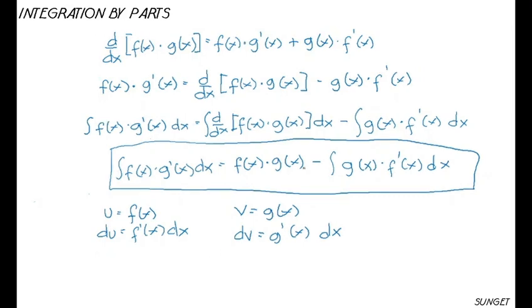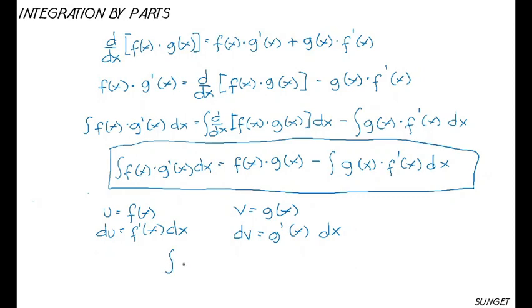So the formula for integration by parts becomes integral of u dv equal to u times v minus integral of v du.